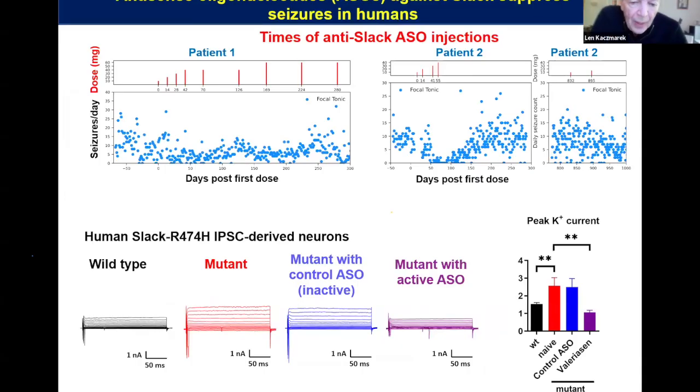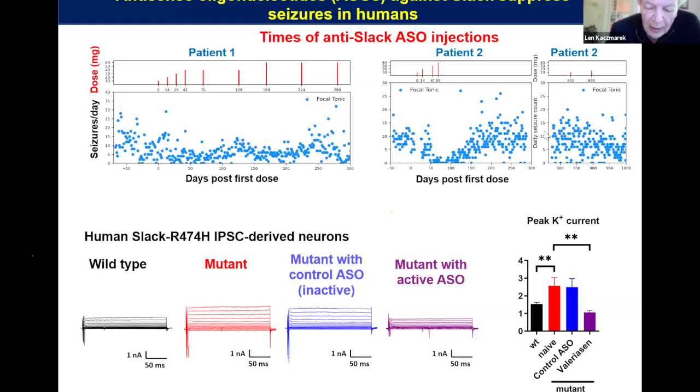So, the penultimate slide. In work with Tim Yu, we were able to treat two patients with these ASOs, and the ASOs were able to reduce the intensity of the seizures in both patients quite substantially.